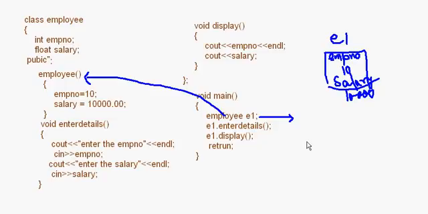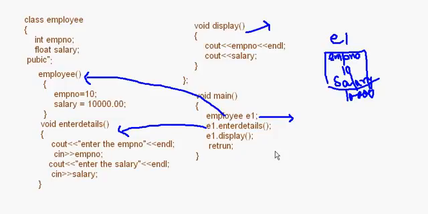Okay, so E1 dot enter details, now it will come to this particular function, it will ask the user to enter the employee number and the salary. E1 dot display will take me to this function here, and the emp number and salary will be printed, right?